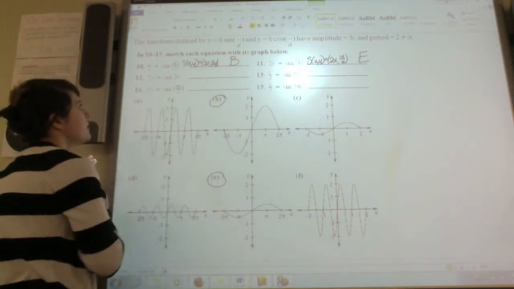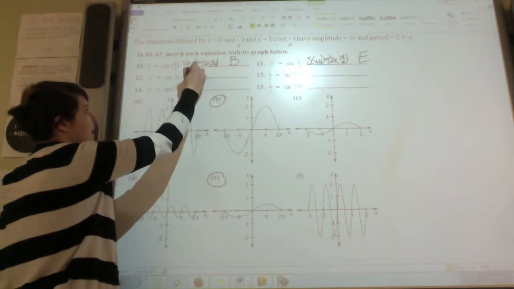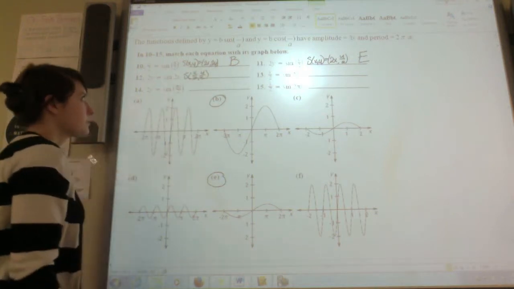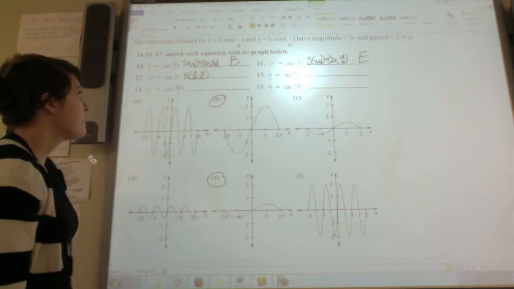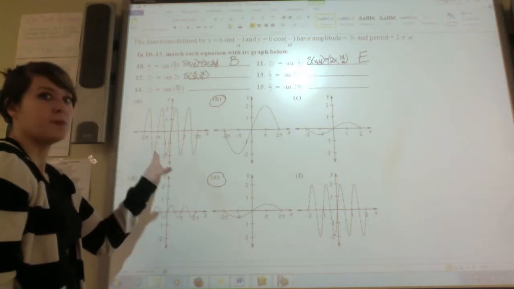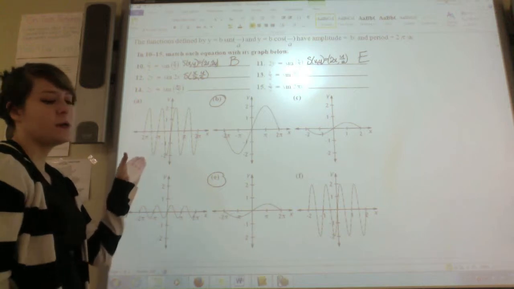Okay, my next one here, if I were to write my scale change, I would have x over 2, y over 2. I know I just kind of abbreviated that. I'm just trying to save a little time. So my normal period is 2 pi. If I'm shrinking that by a factor of 2, my new period would be pi.